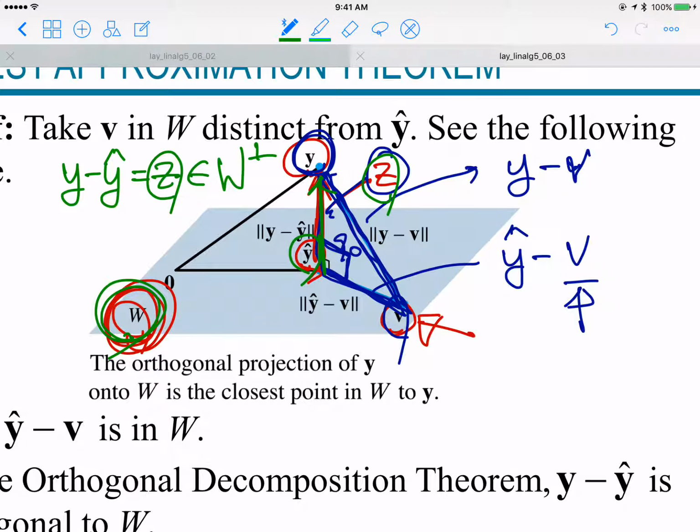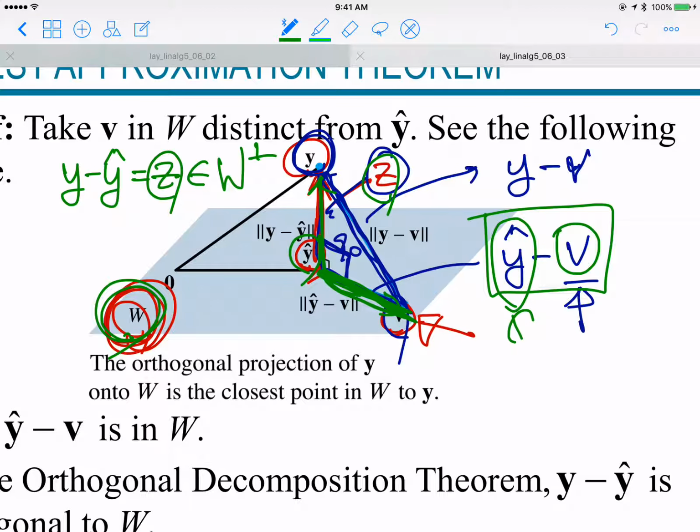And now let's consider this vector, which is Y hat minus V. This vector is also a linear combination of two vectors, which all belong to W, and so the linear combination of the two vectors from W will still belong to the same subspace, because it's closed under linear combination.